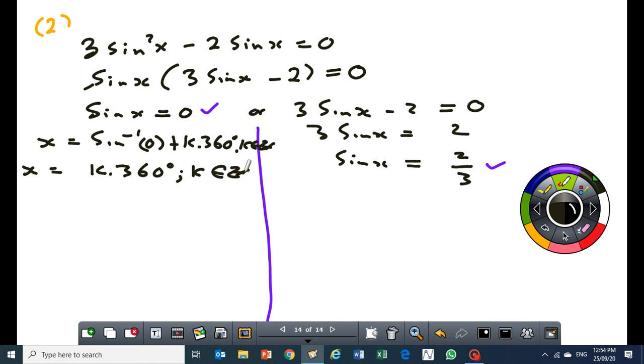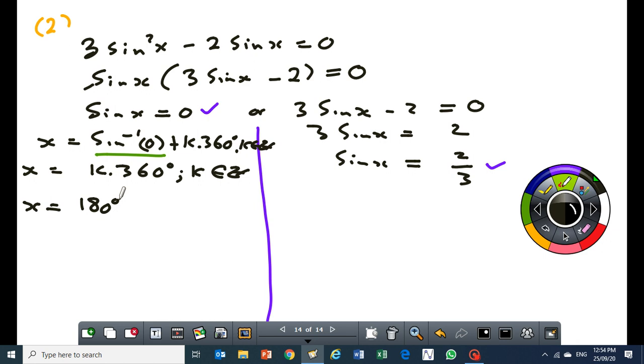Now remember, this is your reference angle. It's equal to 0. Shift sine of 0 is 0. So we need to find the second general solution of this trigonometric equation. The second one, we subtract the reference angle from 180. So we get x equal to 180 minus 0, which gives you 180.